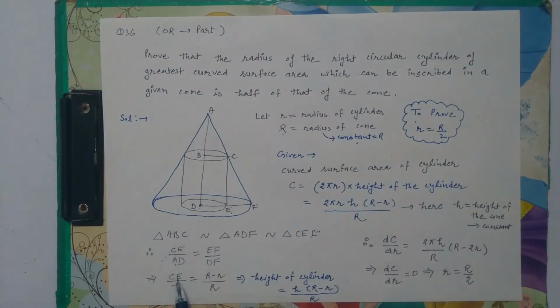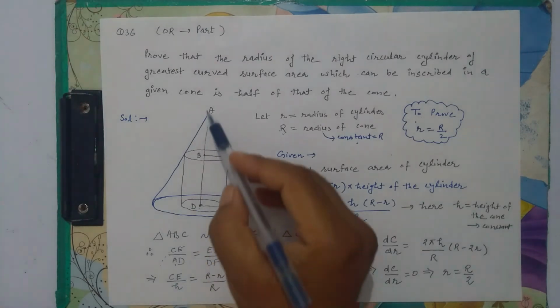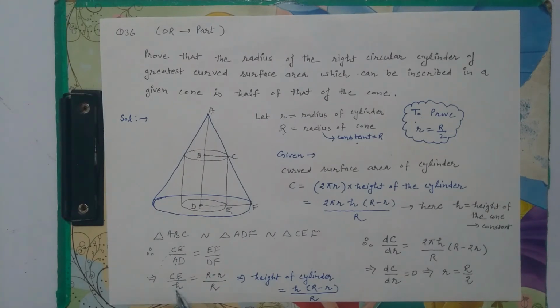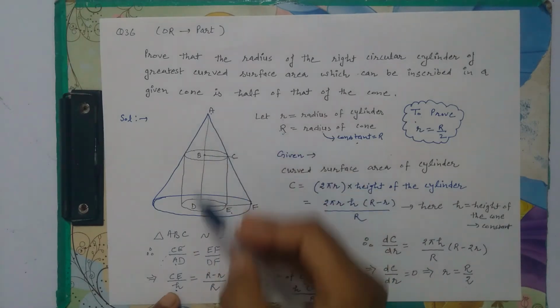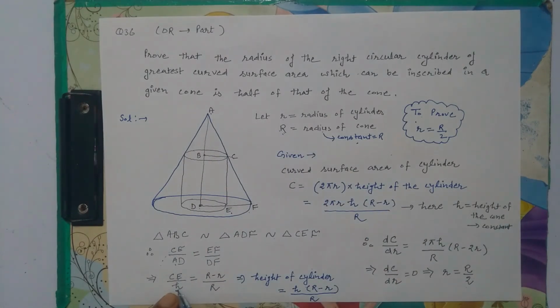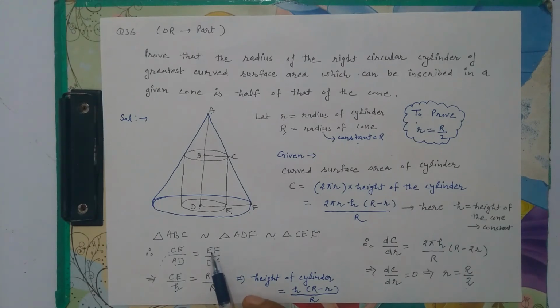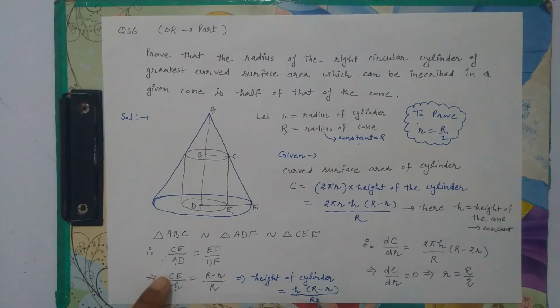CE is the height of the cylinder, and AD is the height of the cone, considered equal to capital H. EF is the radius of the cone minus the radius of the cylinder, capital R minus small r, and DF is r. So from here the height of the cylinder, that is CE, is obtained.